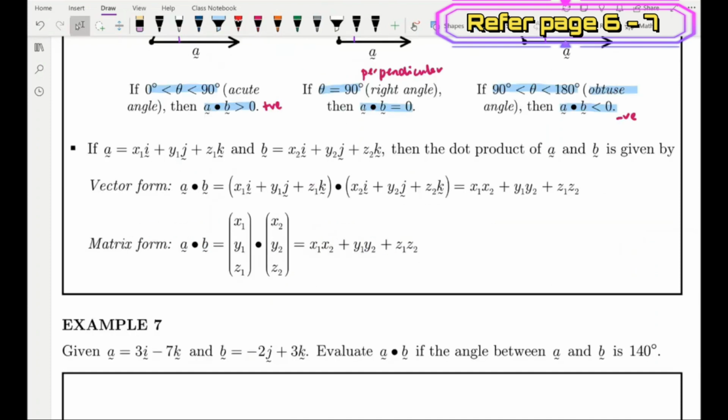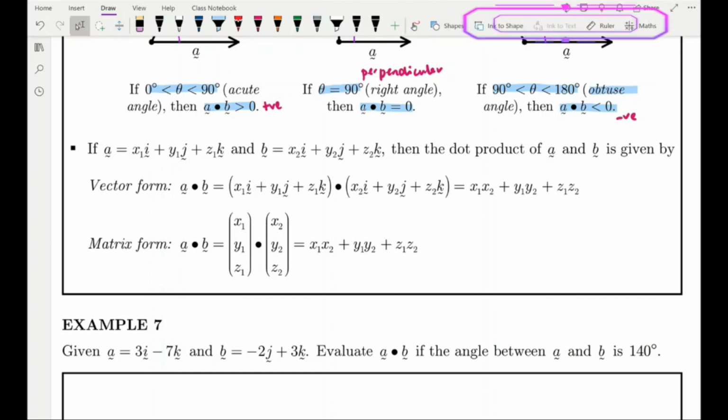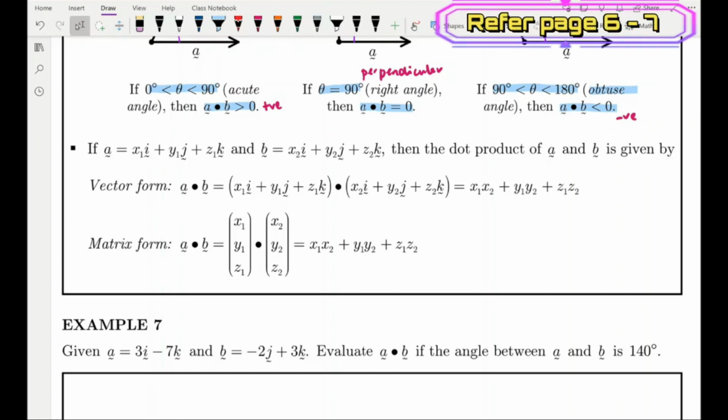For the dot product, let's say we have vector A equal to x1, y1 and z1, and vector B equal to x2, y2 and z2. Then the dot product of A and B is given by this vector form. We have two forms, vector form and matrix form.